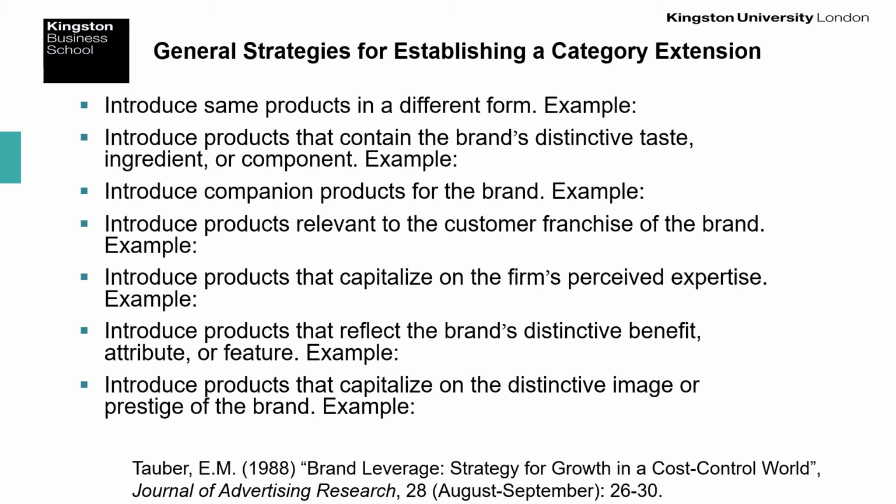And then introduce products that capitalize on the distinctive image or prestige of the brand. Not quite the same thing as the preceding one. The one before was introducing products that reflect the brand's distinctive benefit or attribute or feature, whereas now I want you to think of an example of products that use a brand name in a different product category and are successful because they capitalize on the distinctive image or prestige of the brand.